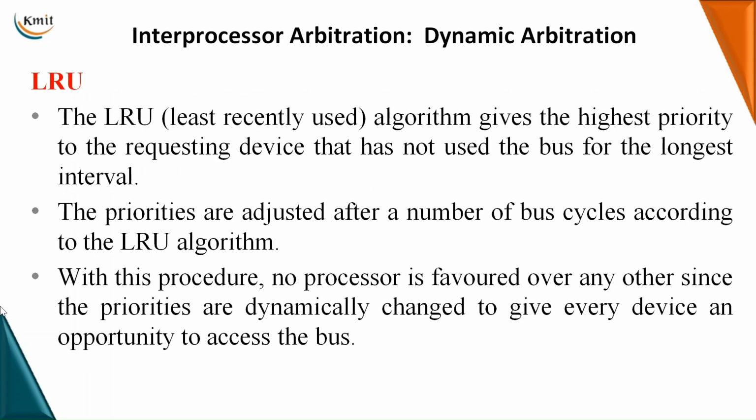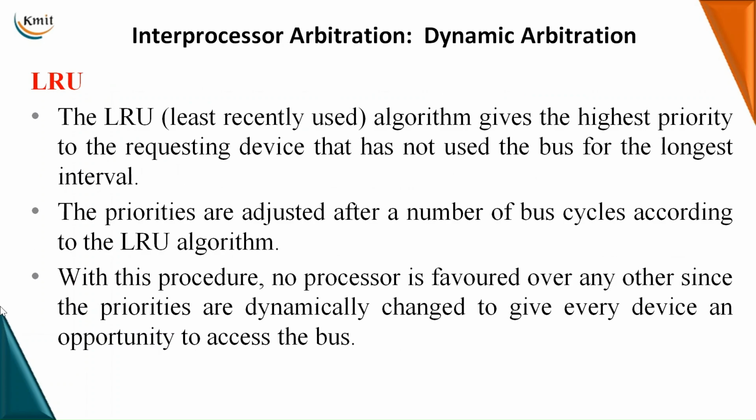Coming to the third type of dynamic arbitration mechanism, it is LRU. LRU stands for least recently used. This algorithm mainly gives a high priority to the requesting device which has not used the bus for the longest period of time.